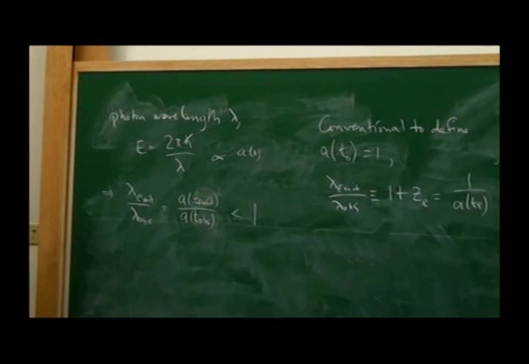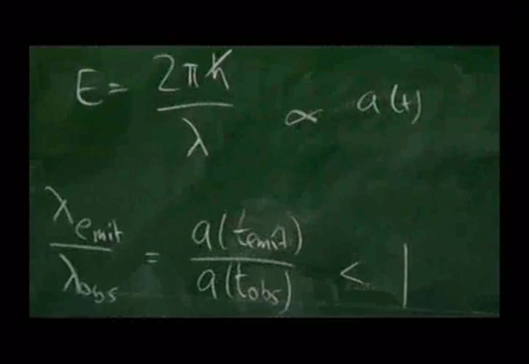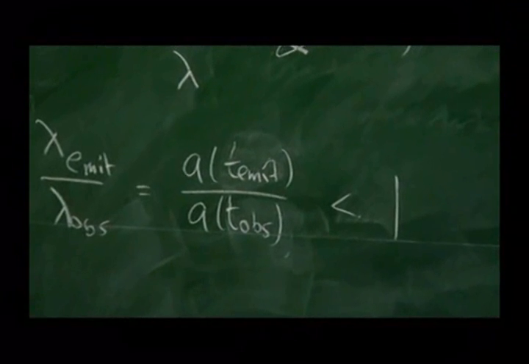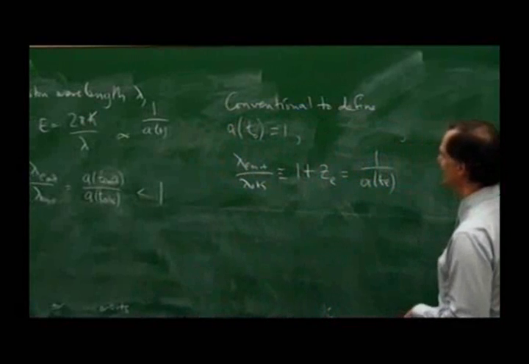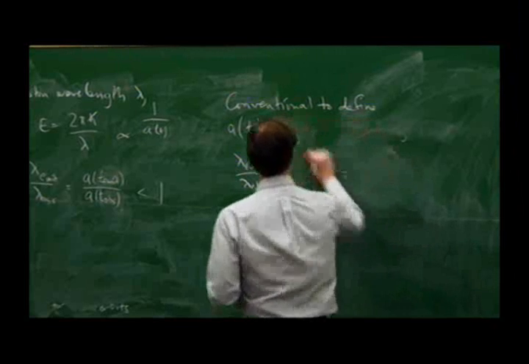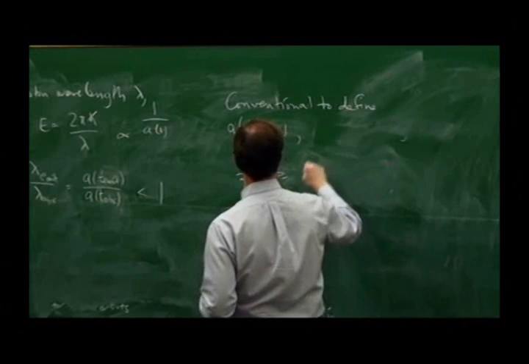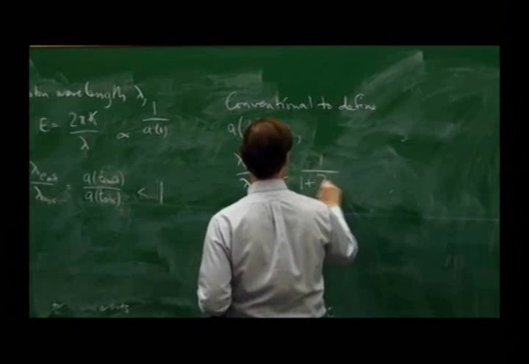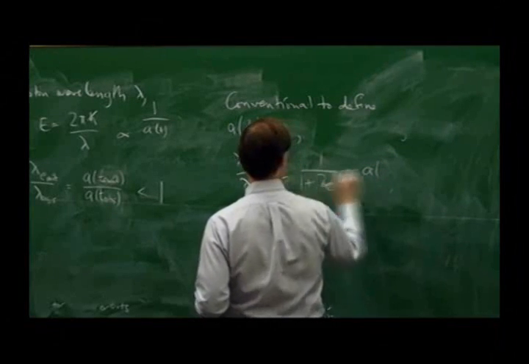If you're puzzling over an equation, then there's a good chance that I have made a mistake, so please correct me. The previous equation was also right. Well, E should go as 1 over A. Thank you, that's why I made a mistake. So then lambda goes as A. Do I have it right now?